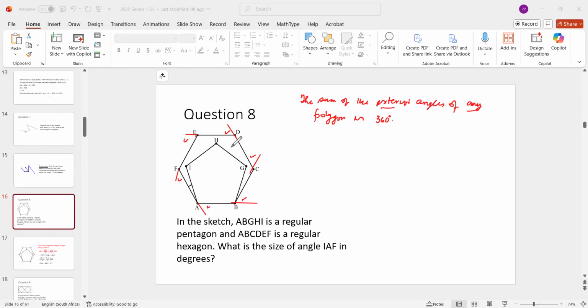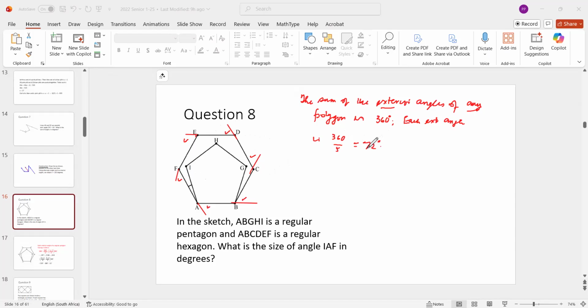Because in a regular polygon, all the interior angles are equal, so all these exterior angles are the same. So you got 5 numbers, all of which are the same. So each exterior angle is 360 divided by 5. The reason for that is they're all equal. Can't say this in general.